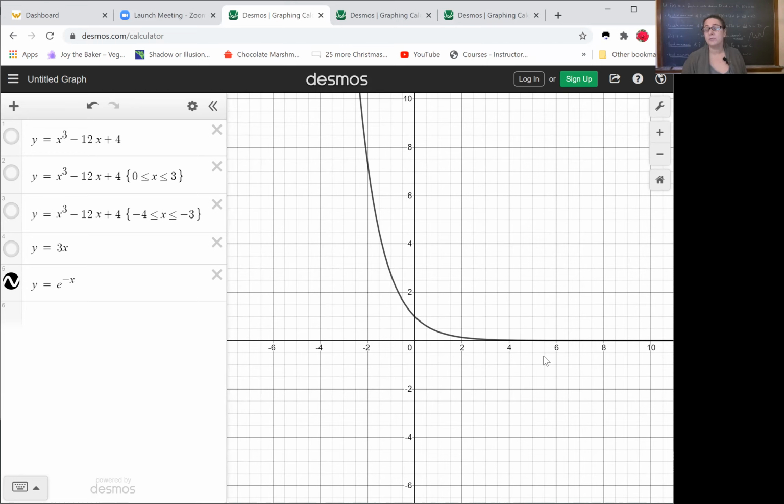Well, it's approaching 0, but the important thing about maximum and minimum is if you look at the way it's defined, the function has to have a value, right? f of c has to be an actual number, right? So for this e to the minus x, you're never going to actually get down to 0, right? You're just going to get arbitrarily close.